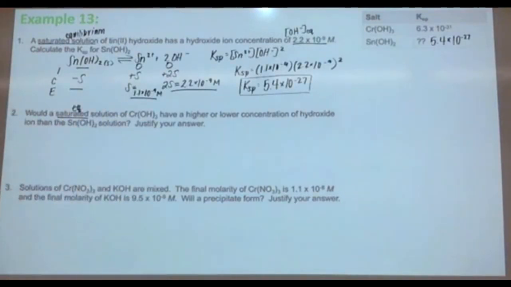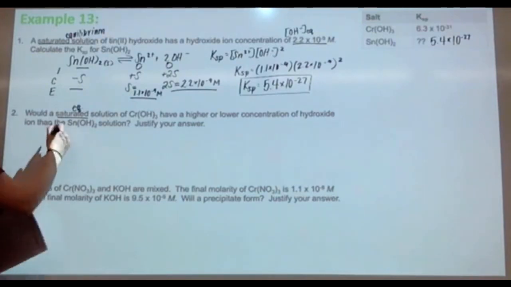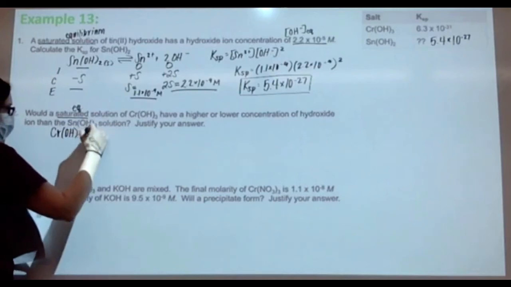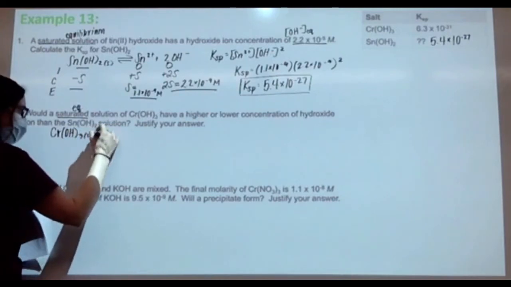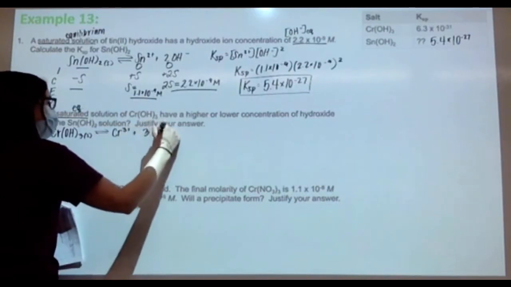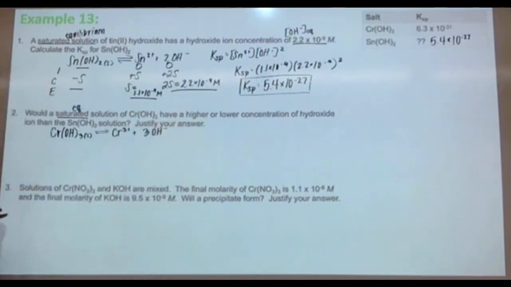So would a saturated solution of chromium 3 hydroxide have a higher or lower concentration of hydroxide ion than tin 2 hydroxide? Justify your answer. So now our focus is on chromium 3 hydroxide. A justification does not have to be words. A justification can be calculations.